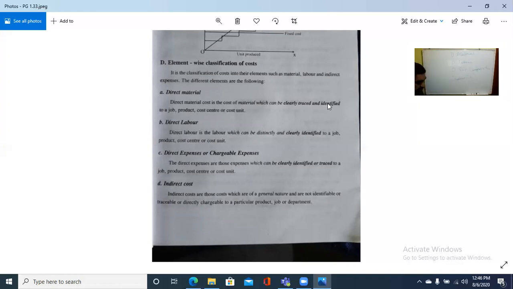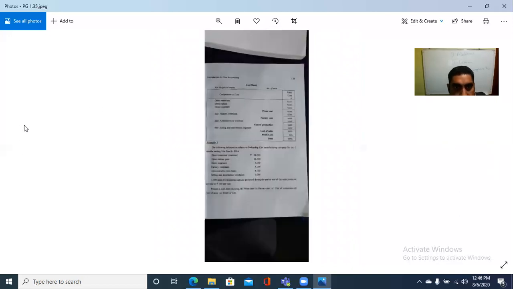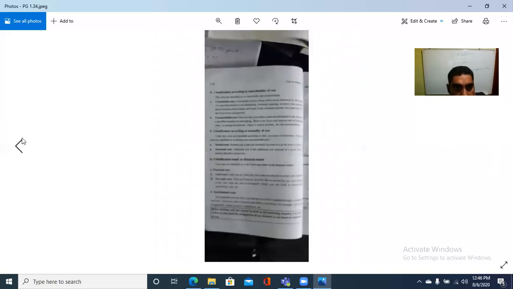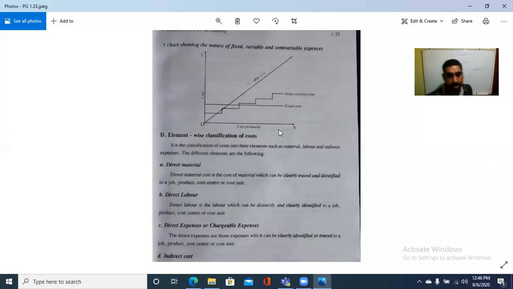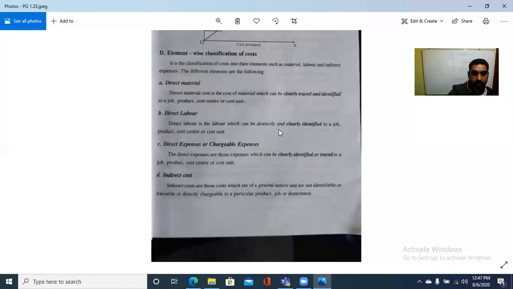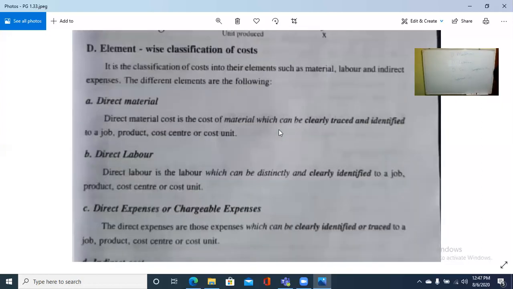So what all are there? Direct material, direct labor, then direct expenses or chargeable expenses, and indirect cost.